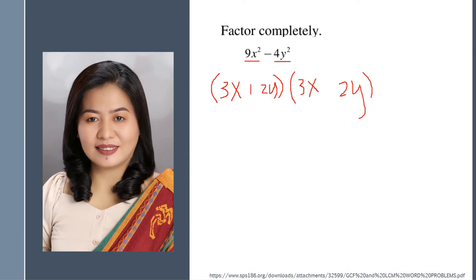So it would mean that we will have a plus and a minus. So let's check if our answer is correct. 3x times 3x is 9x squared. Positive 2y and negative 2y is negative 4y squared. So our answer is 3x plus 2y times 3x minus 2y.